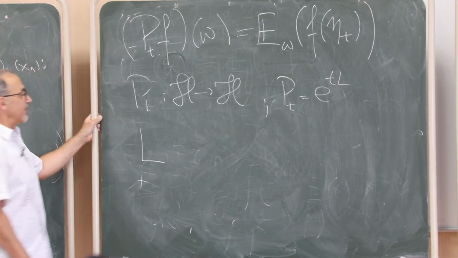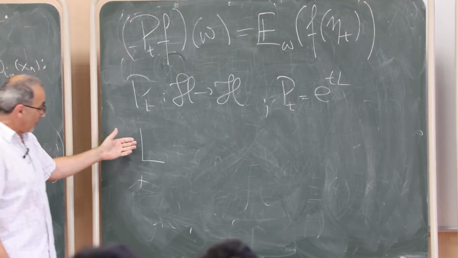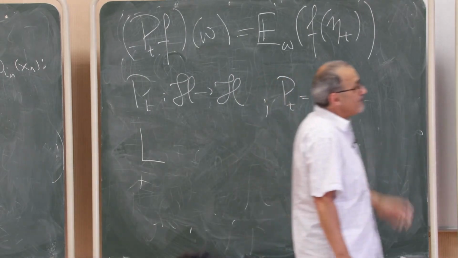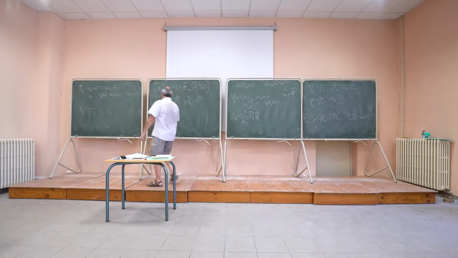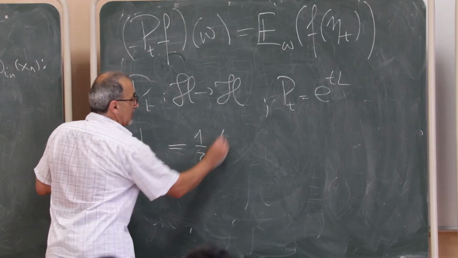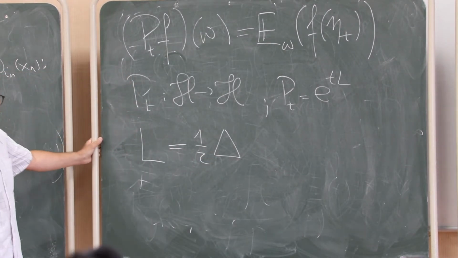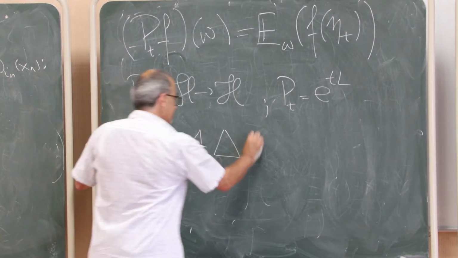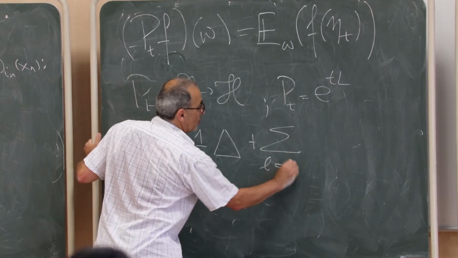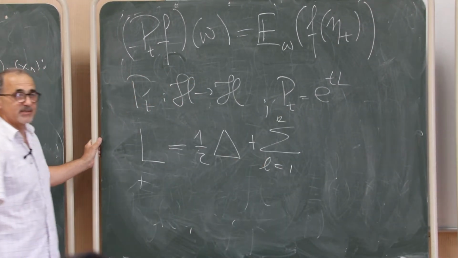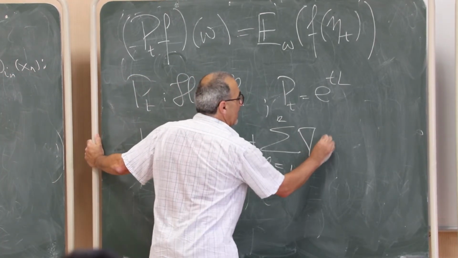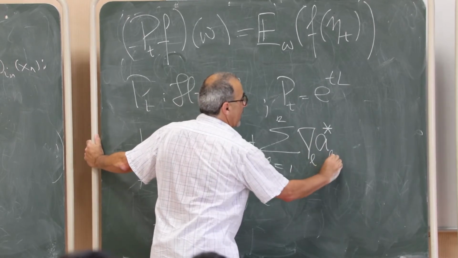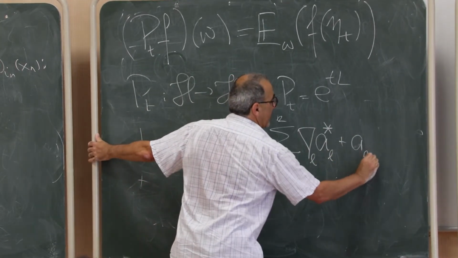The infinitesimal generator in this case is an unbounded linear operator acting on the space H. And it will have the form 1/2 Laplacian, mind, Laplacian as defined there, plus the sum over l from 1 to 2, because we have two components, of something like nabla_l A_l starred plus A_l.